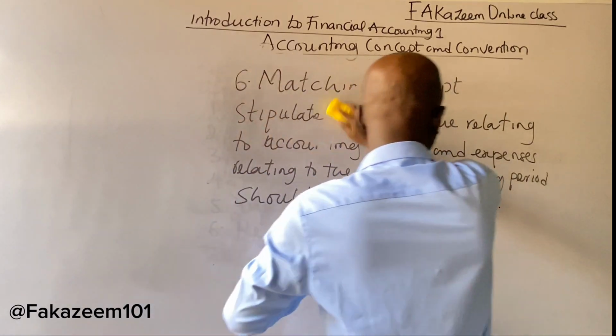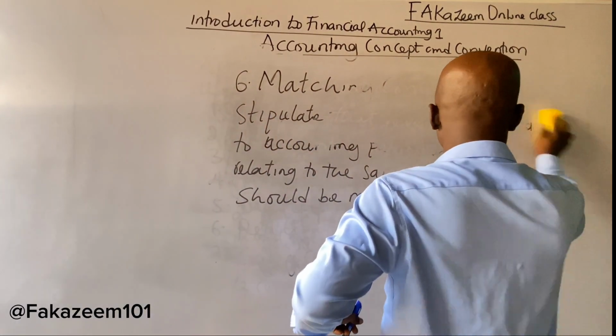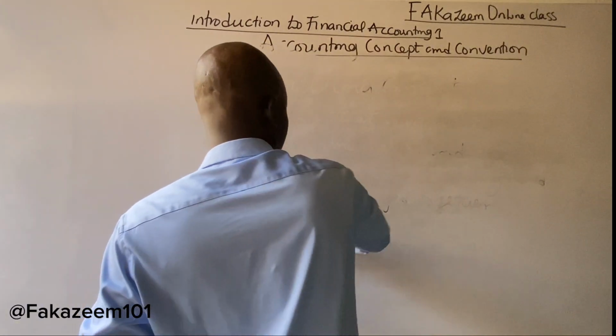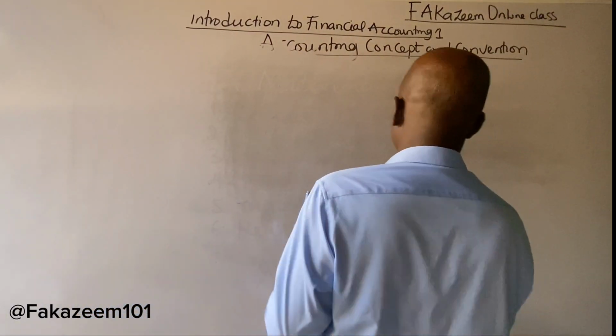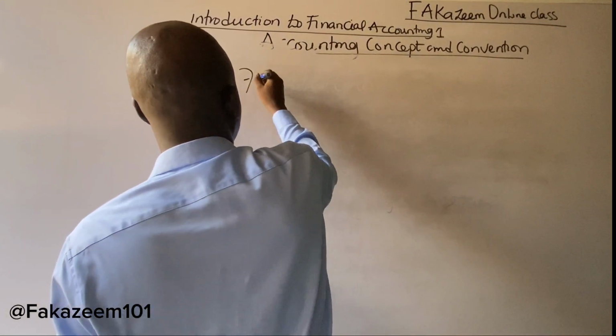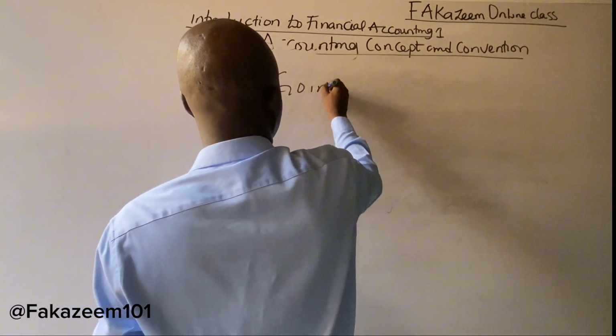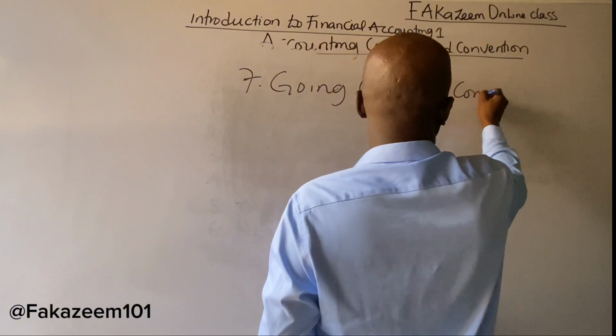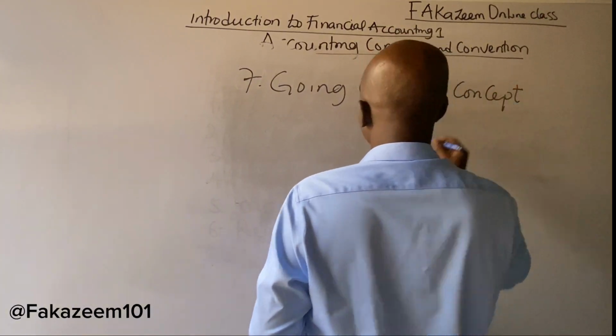Let's look at the next accounting concept. The next accounting concept is the going concern concept, which is the last accounting concept we are going to be looking at. What does this mean?